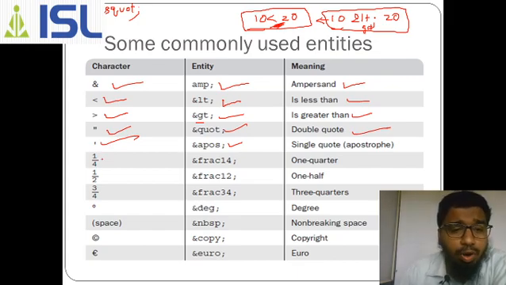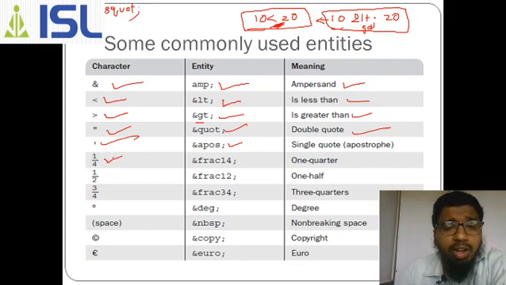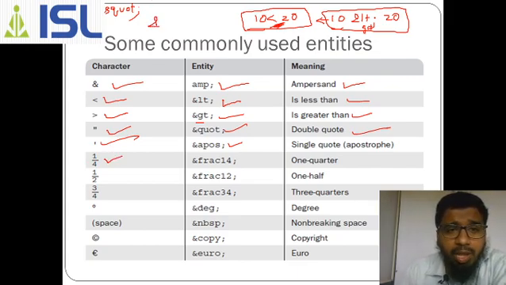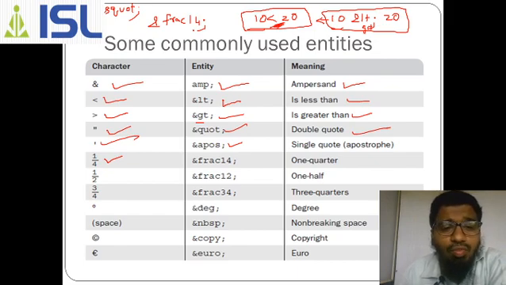This is one important thing. If you want to write 1 by 4, how will you write? So this is &frac14; This is 1 by 4, that means one quarter.